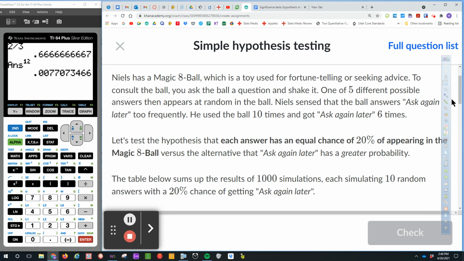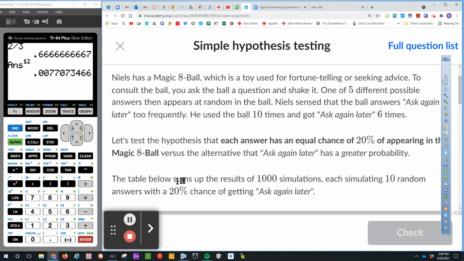So he used the ball 10 times and got "ask again later" 6 times. Let's test the hypothesis that each answer has an equal chance of appearing. So it has a 20% chance, which is 1/5, right? Because there are 5 different possible answers, versus the alternative that "ask again later" has a greater probability.